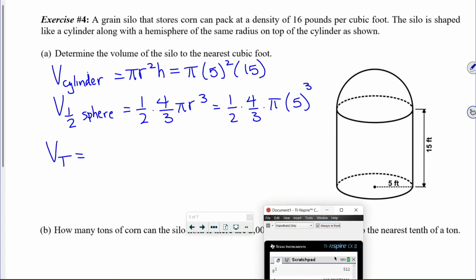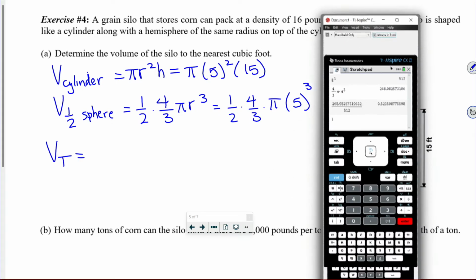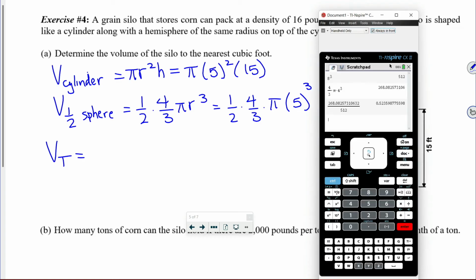So let me take my calculator out. I'll punch all of this in, and then maybe we'll go to the full screen so that you can see it. Let me just clear the screen up. All right, I've got my pi times 5 squared times 15.